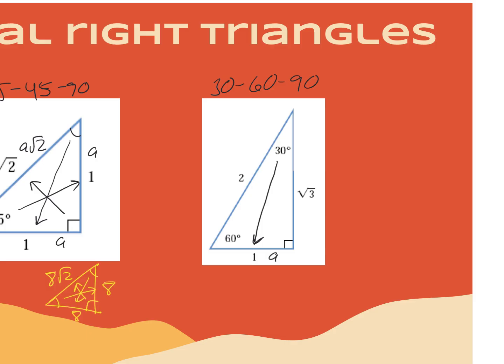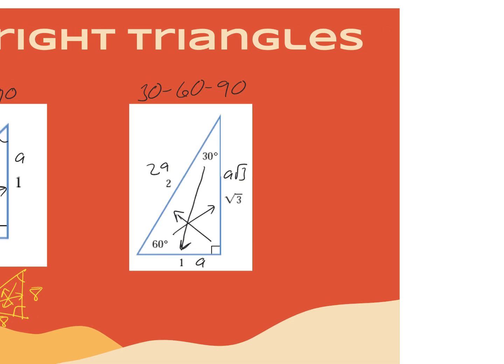The shortest length I'm going to call A, and then the second shortest side, or I guess the longest leg, right, is going to be whatever the shorter leg was times the square root of 3, right? And then the hypotenuse is going to be 2 times the length of the shortest leg, right? So everything relates to the side across the 30 degrees, right?